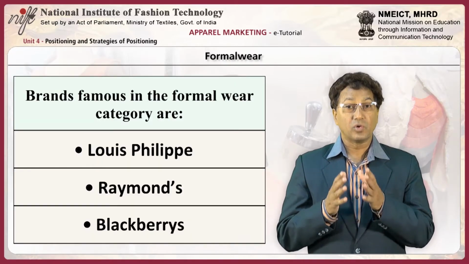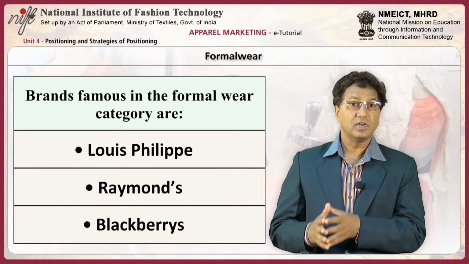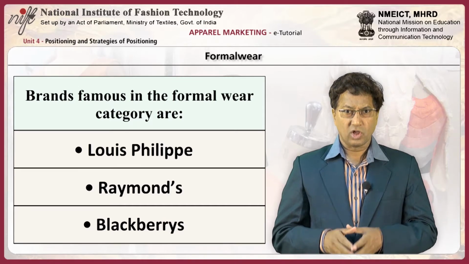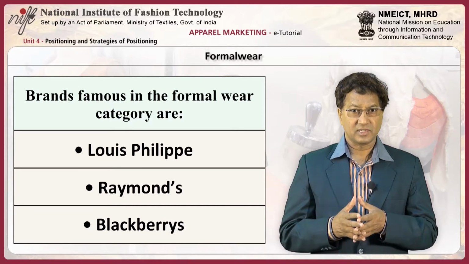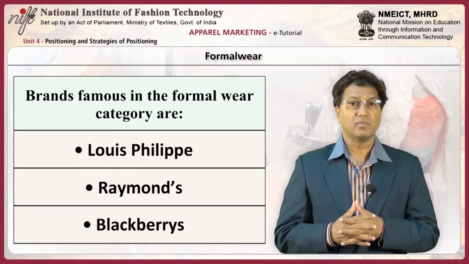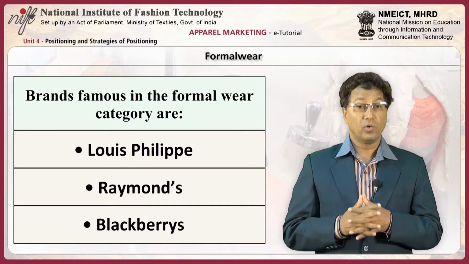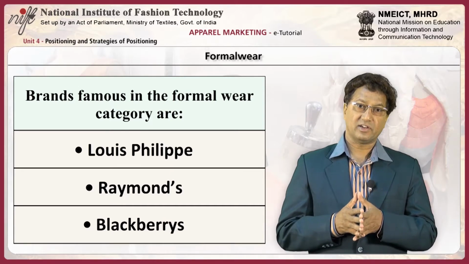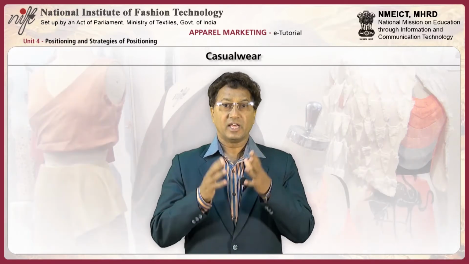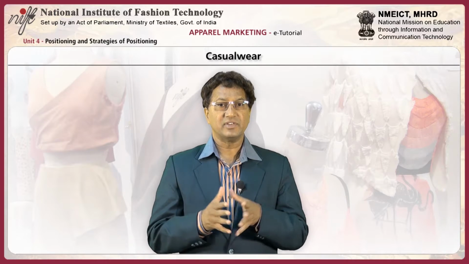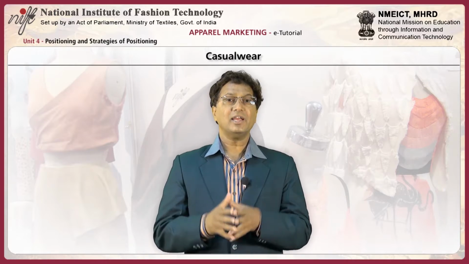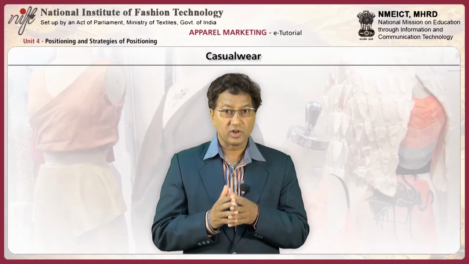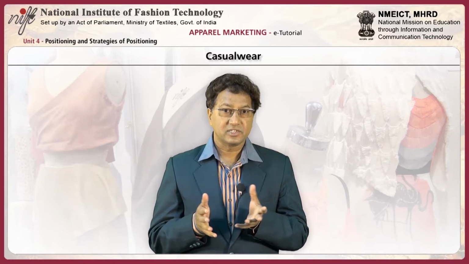Formal wear refers to clothing suitable for formal social occasions such as corporate or formal meetings. Brands famous in the formal wear category are Louis Philippe, Raymond, Blackberries, etc. Casual wear refers to clothing which emphasizes comfort and personal expression, which is worn for informal occasions.